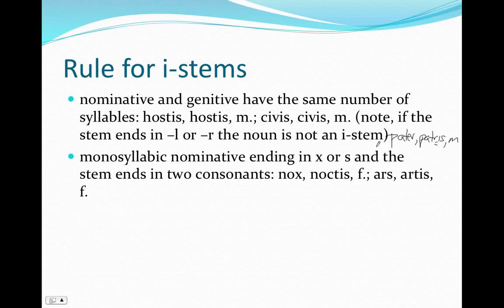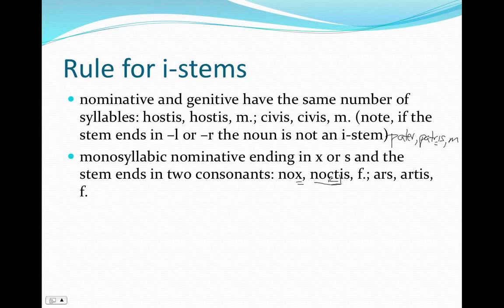The second rule for I stems will be nouns that are monosyllabic in the nominative. They have one syllable, and they will end in X or S, and then the stem will end in two consonants. So the example I give here, nox, monosyllabic ending in X, and the stem ends in two consonants, noctis.